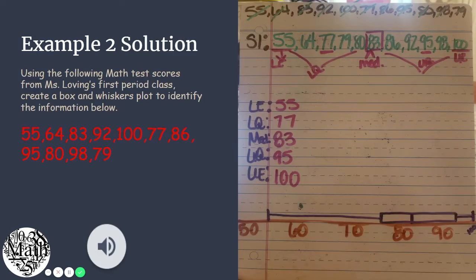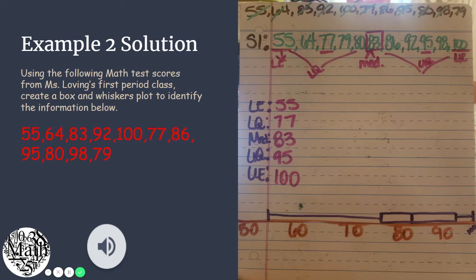Now we will go over question number 2 in reference to drawing a box plot for this set of data. So we see in this set of data, we are actually given an odd number set of data, which has 11 numbers.